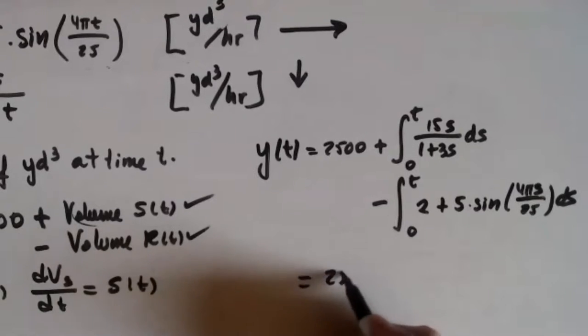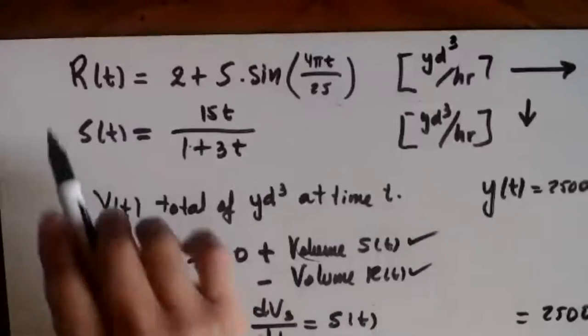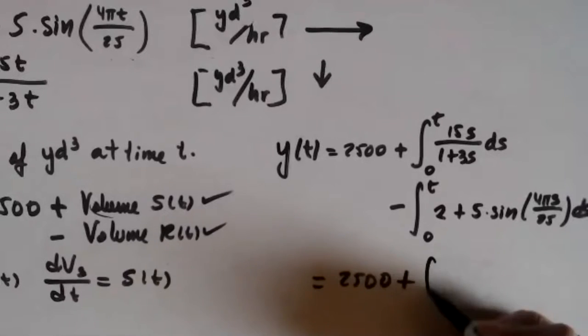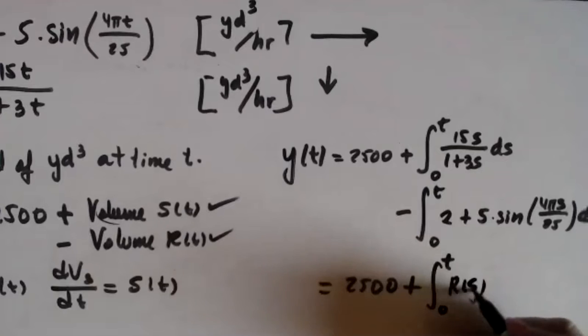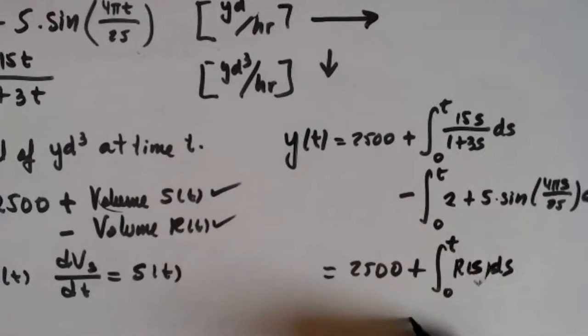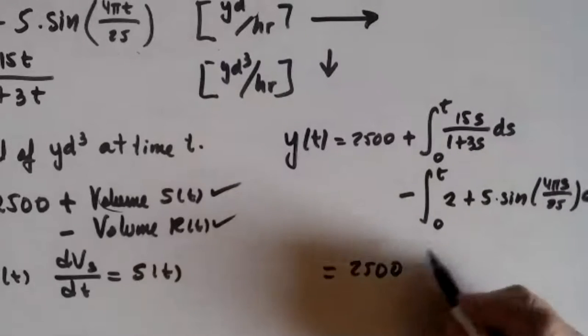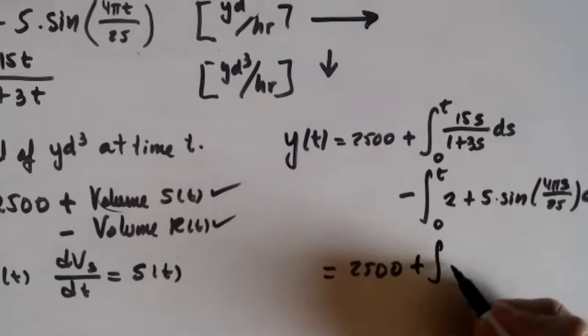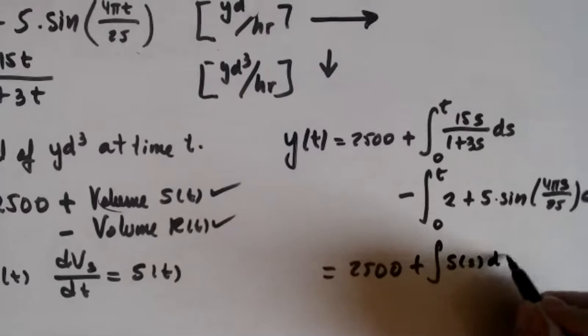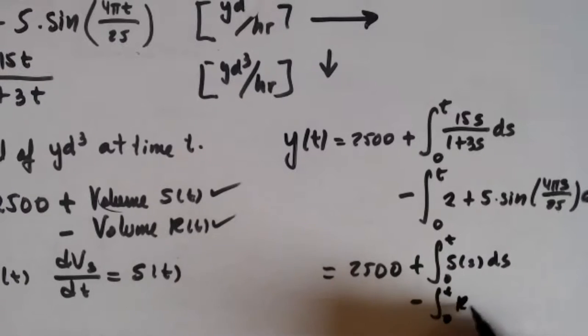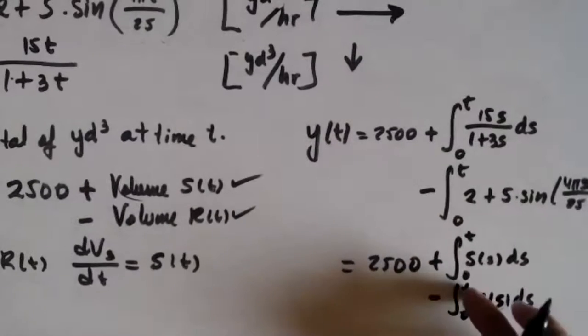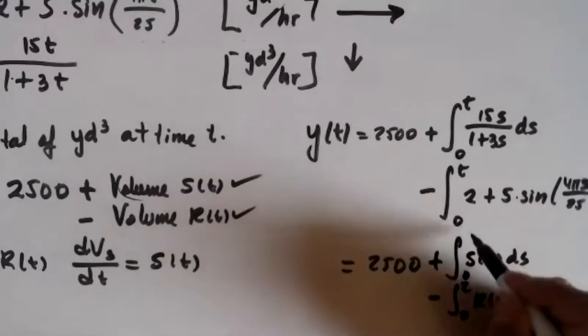Having this R and S defined like this, it is plus the integral from 0 to t of S of little s ds, minus the integral from 0 to t of R of s ds. Okay, so this is a t and this is a t.